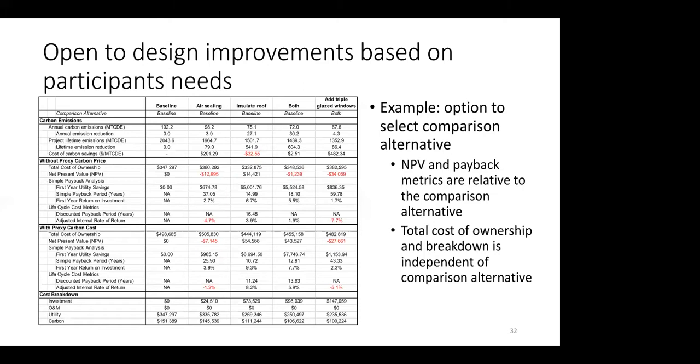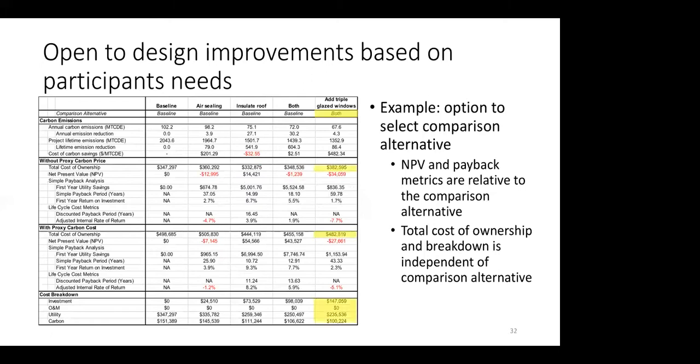So if you look at that last column, we're going to compare adding triple glazed windows. The comparison alternative here is both air sealing and insulating the roof, not the baseline. So we were thinking about it as an incremental investment. When we report these numbers in this table, all of the net present value numbers, these carbon saving numbers, and all of the discounted paybacks depend on what alternative you've chosen.